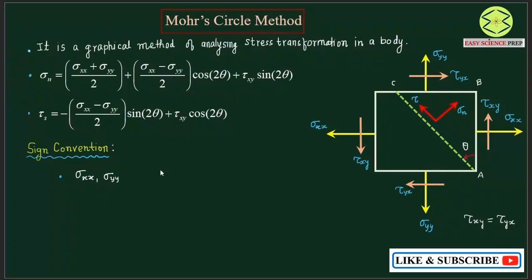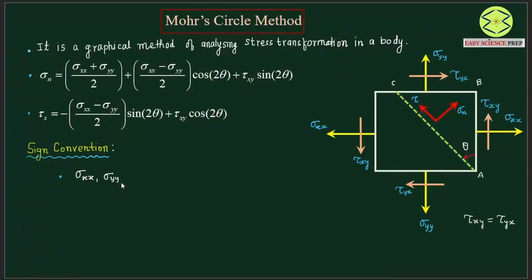They are normal stresses acting on the planes of the two-dimensional element. These are positive for tensile and negative for compressive conditions. For example, if sigma xx is tensile, then we take sigma xx as positive. If sigma xx is compressive, then we take it as negative. This is an important sign convention.